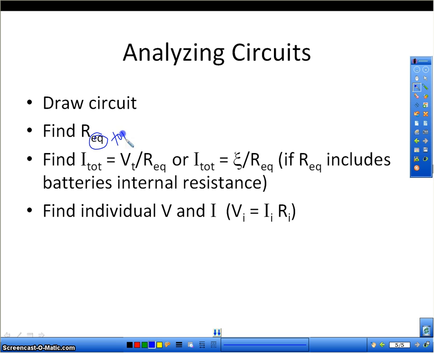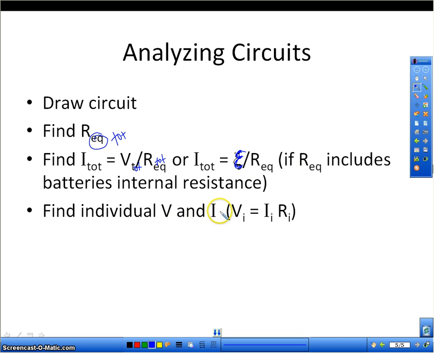I think last year we used R-tot. Well, it's just equivalent resistance. So you're going to take your total voltage, divide by your total resistance, and that'll get you your total current. And then your total current could also be the EMF divided by your total resistance, if you happen to have to include an internal resistance for the battery. So if you see that happening, you just have to include that in there.